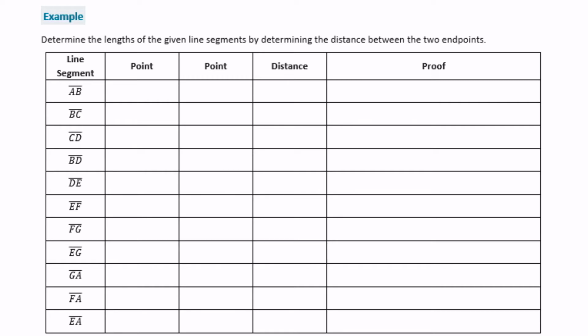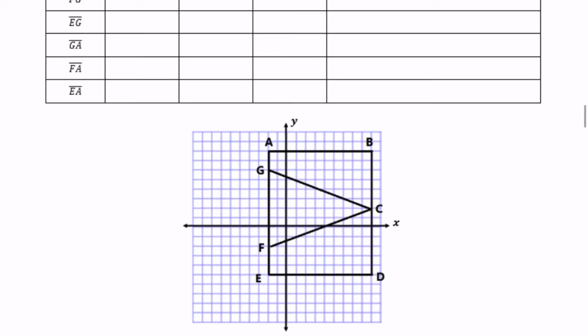So let's start with AB, so line segment AB. I'm going to go down here. So here's line segment AB on the diagram. So the point for A is at, here's 0, 0. So A is at -2, and then we have to go up, that's 8.